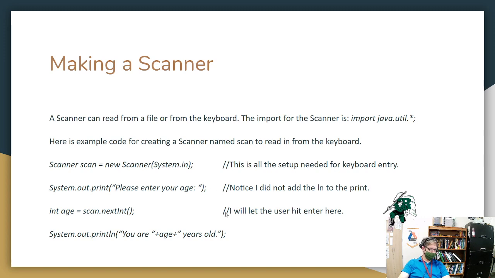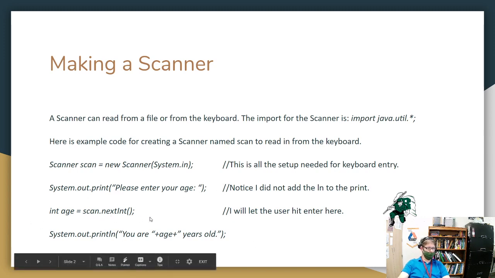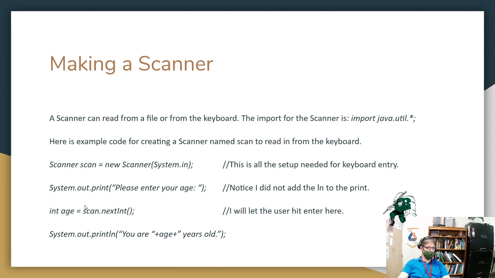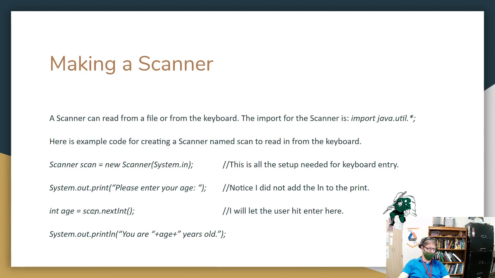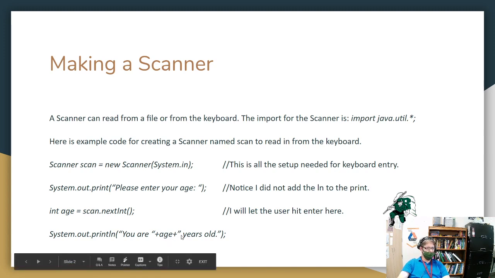And then we can ask for something like the age. They can give it to us. Little scanner is going to give us his next integer. And we'll take whatever number he gives us and we'll just put it in age. So if the user types 25, then we take the 25 and we stick it in age. If they type 2, we take the 2 and we stick it in age. Whatever you give us, I don't care. As long as it's an integer, we're fine. And then we can print out something.